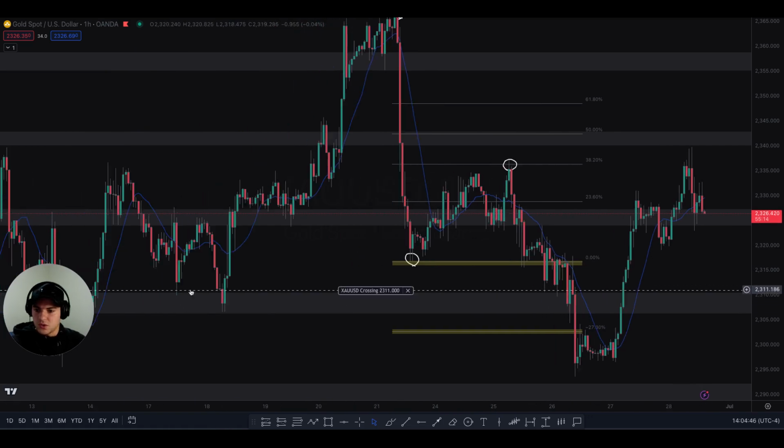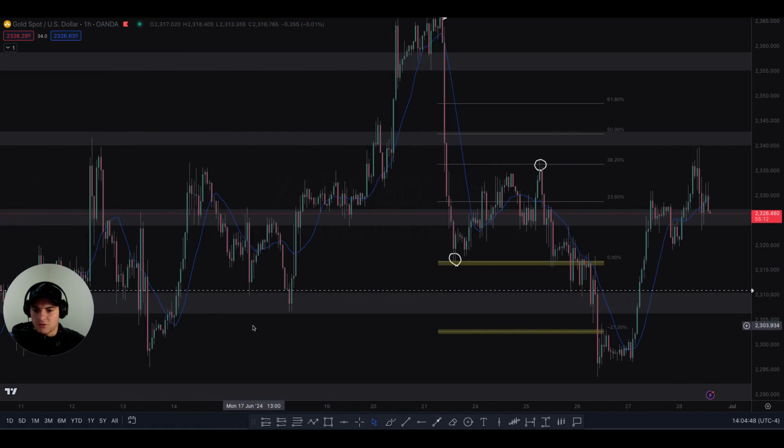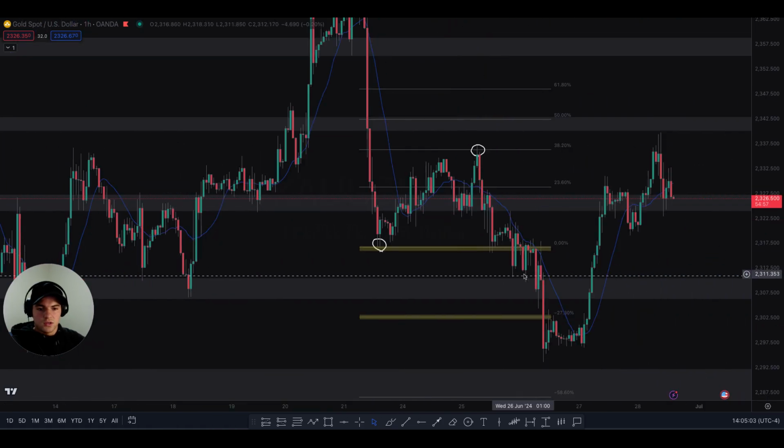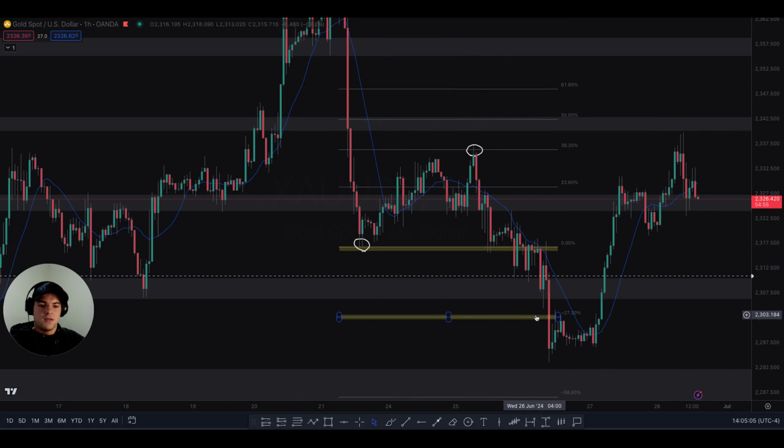The second is because if we look left over here, we have a support and a lot of confluences around this area. Support held over here, we pushed up, and then another level of support over here. So this was the second take profit, and the third take profit right over here down.